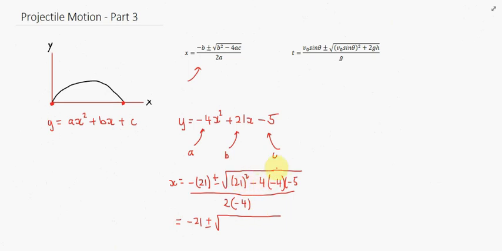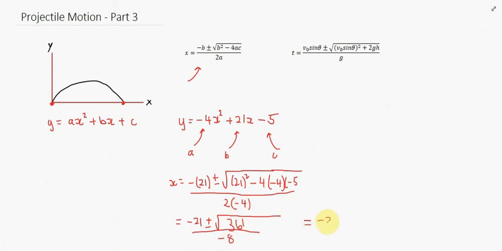Let's just do it in the calculator quickly: 21 squared minus 4 times negative 4 times negative 5 is equal to 361, and all of that over negative 8.